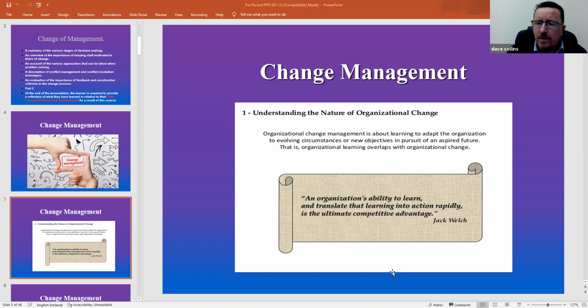Here's a quote from a guy called Jack Welch. An organization's ability to learn and translate that learning into action rapidly is the ultimate competitive advantage. And that was a quote by a guy called Jack Lynch.